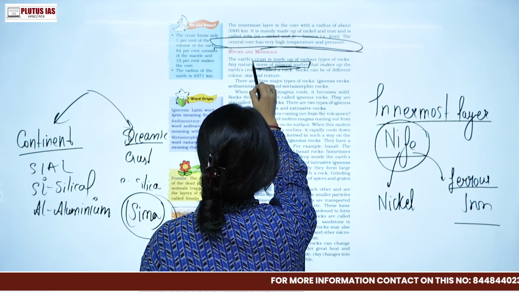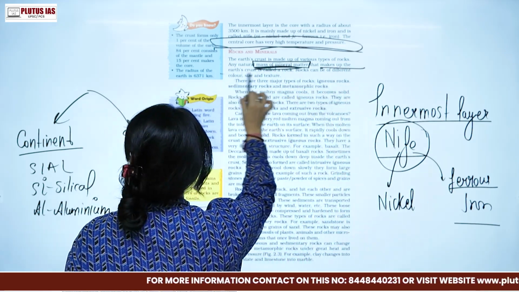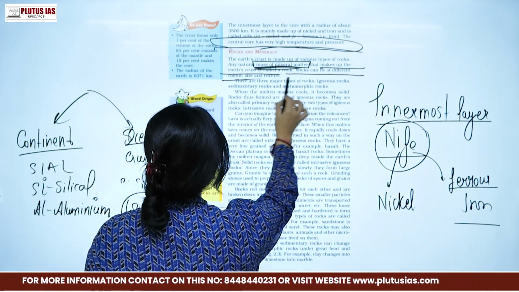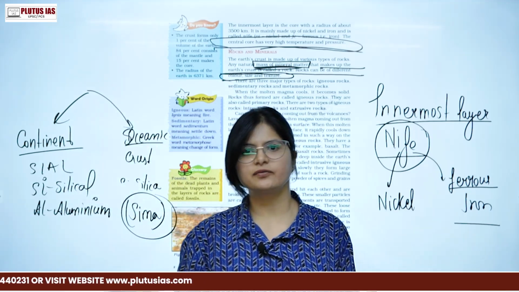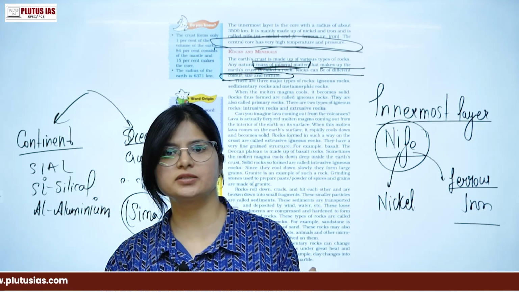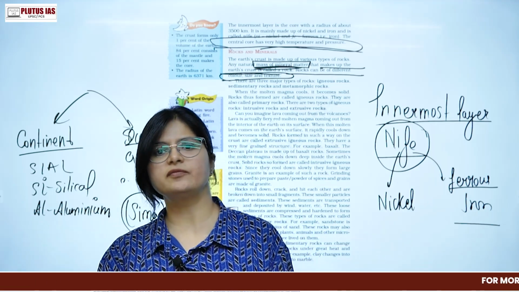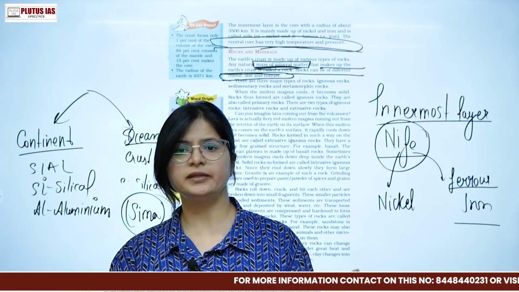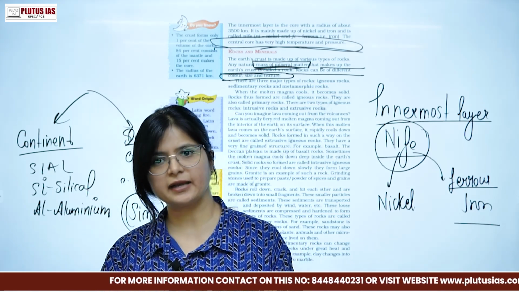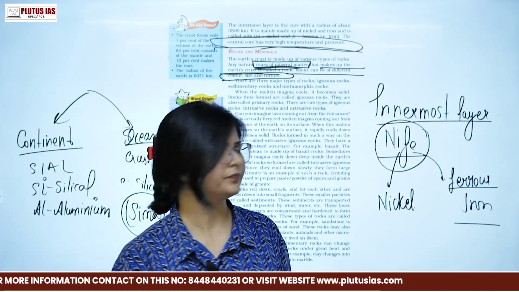Rocks are of different color, size and texture. Because of the different kinds of rocks, we will have different kinds of soils also. So rocks are made up of different kinds of minerals, and different kinds of rocks make different kinds of soils as well, that you will read in the later part of the chapter.